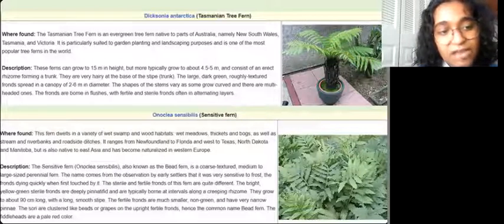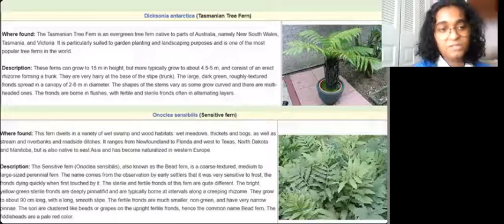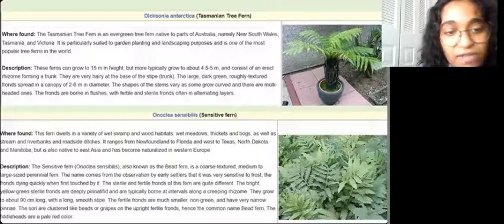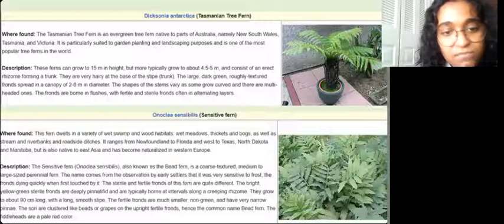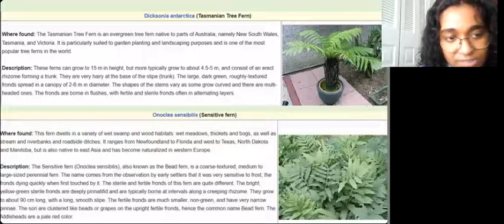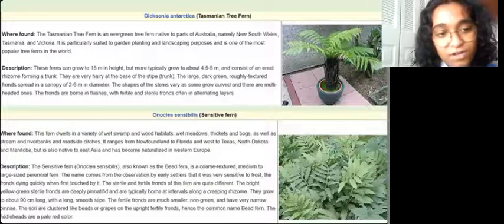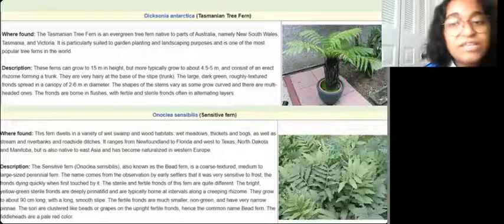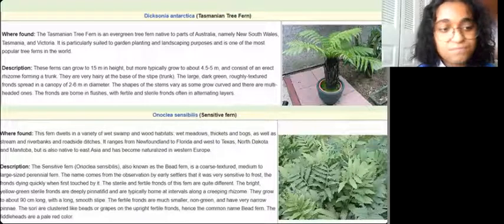Fronds spread in a canopy 2 to 6 meters in diameter. The shapes of these ferns vary, some curved and some multi-headed. The fronds are borne in flushes with fertile and sterile fronds, often in alternating layers.